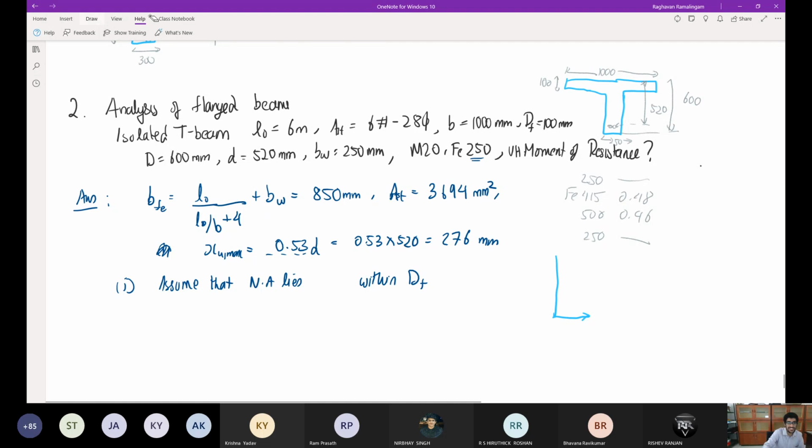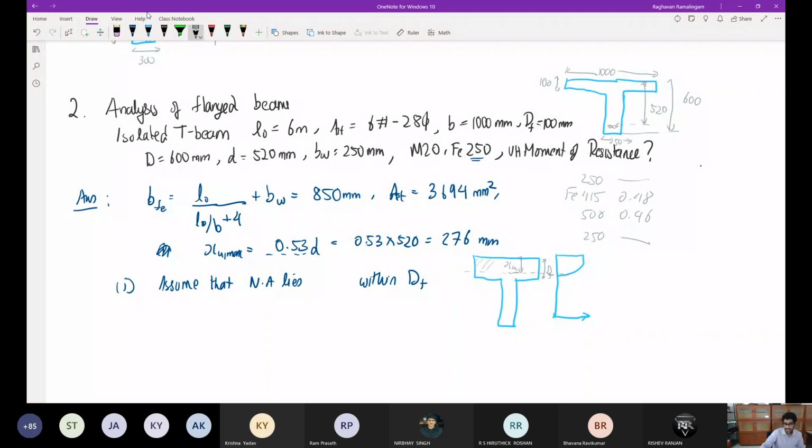Let me slightly redraw this. I'm assuming a case where it's like this, and my neutral axis is actually here, where this is DF, and only this much is XU.